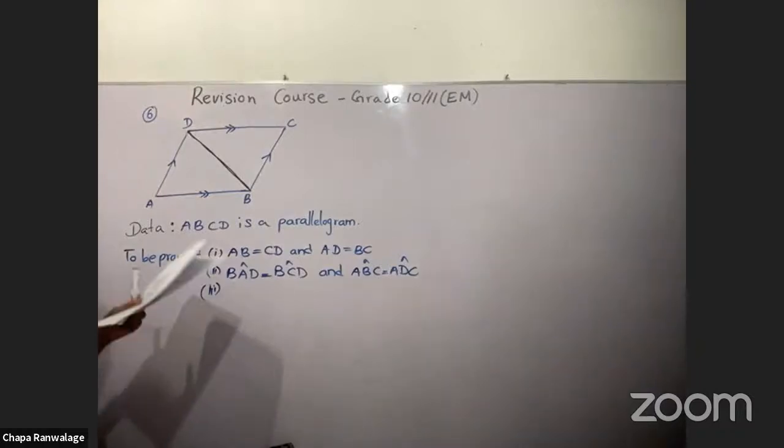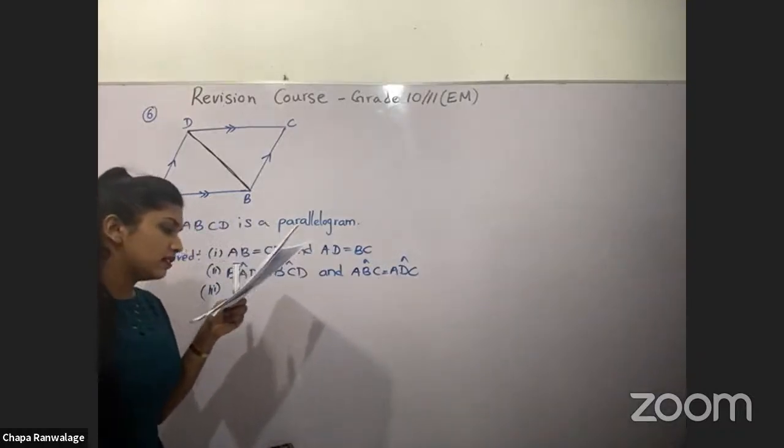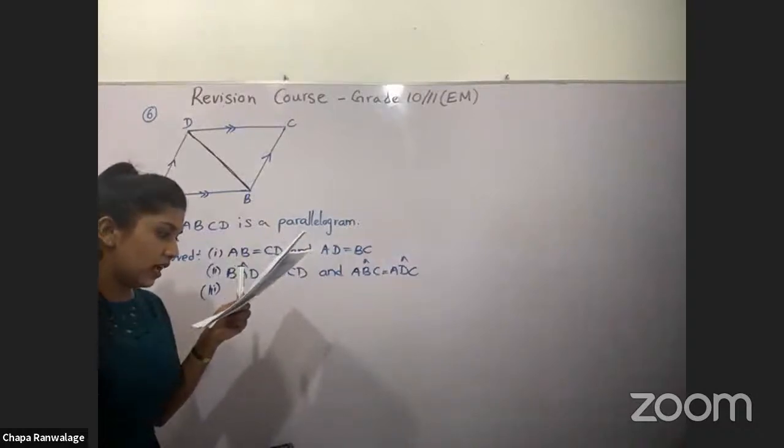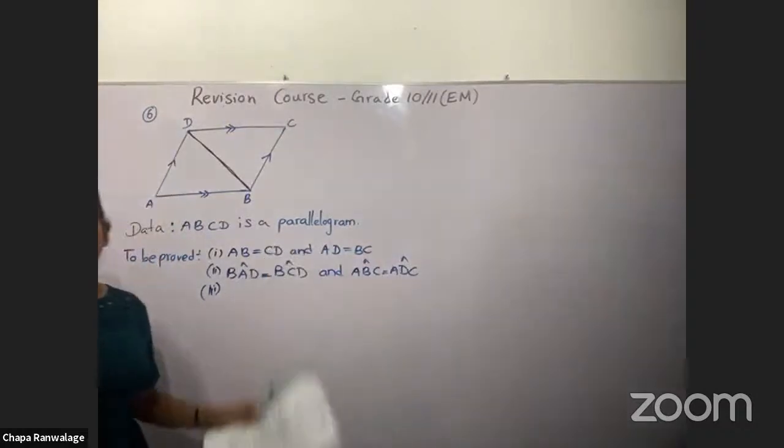Then the third one, each diagonal bisects the area of the parallelogram. Correct?